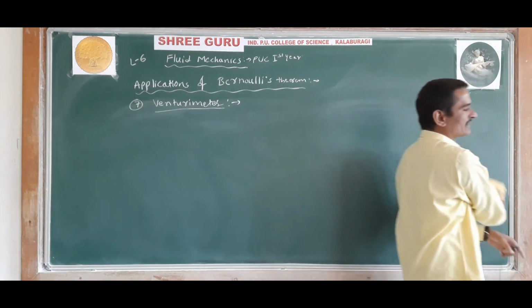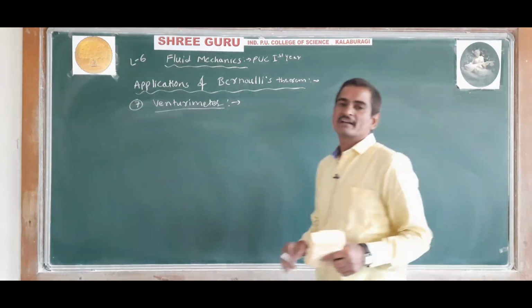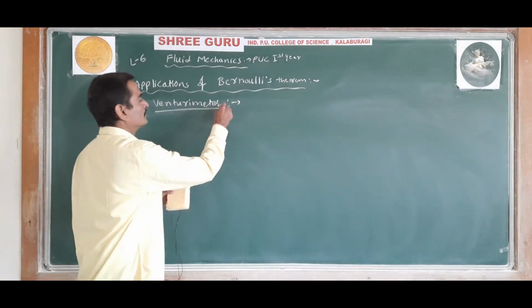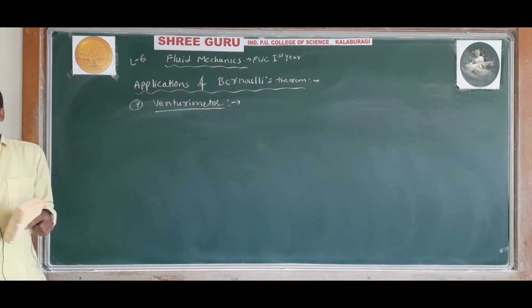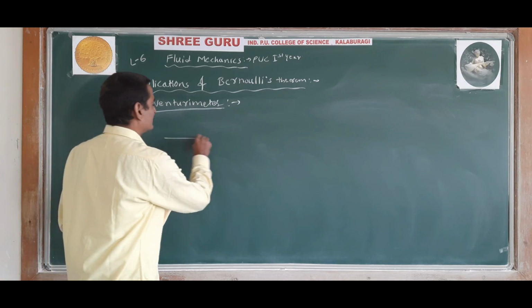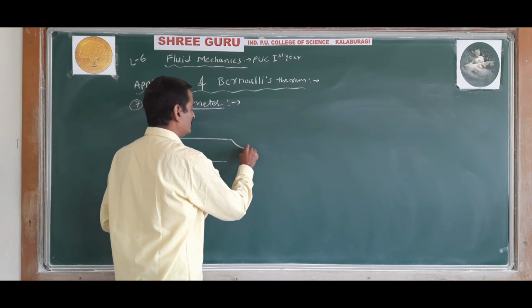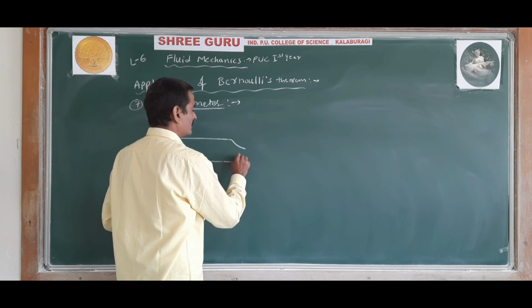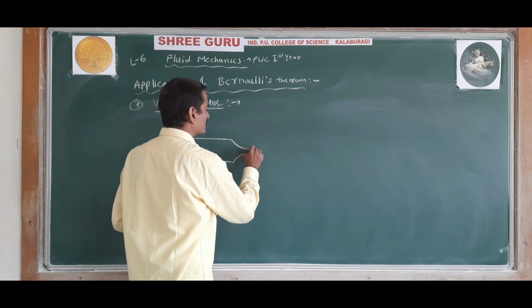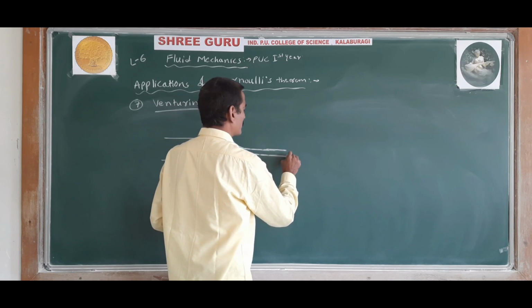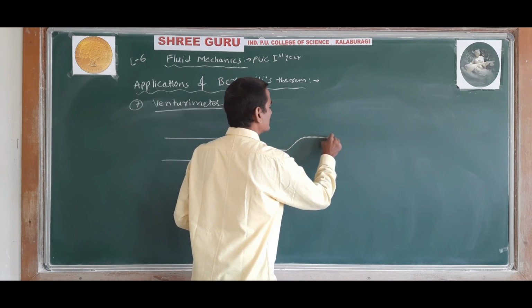How much volume of liquid is flowing per second can be measured with the help of a Venturimeter.